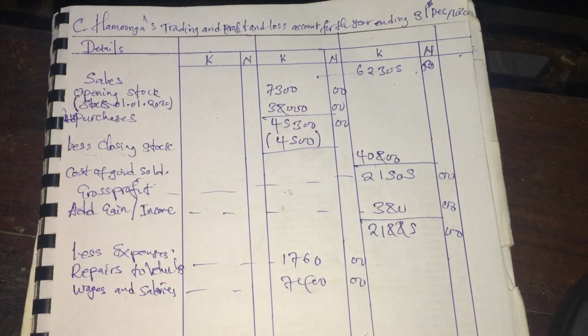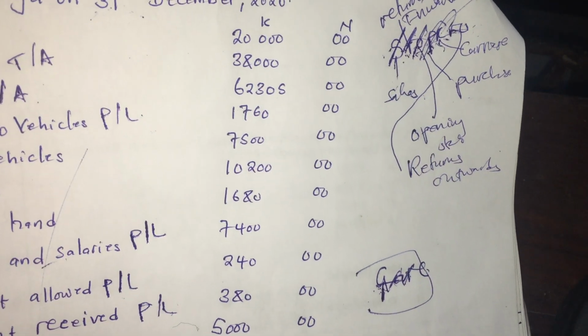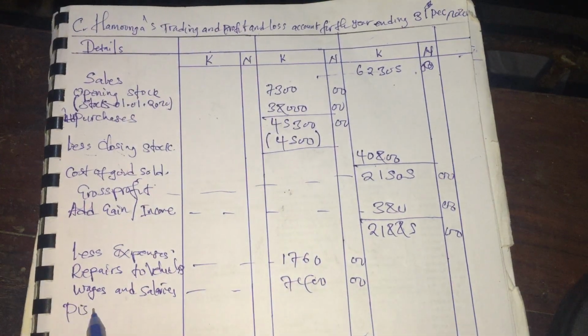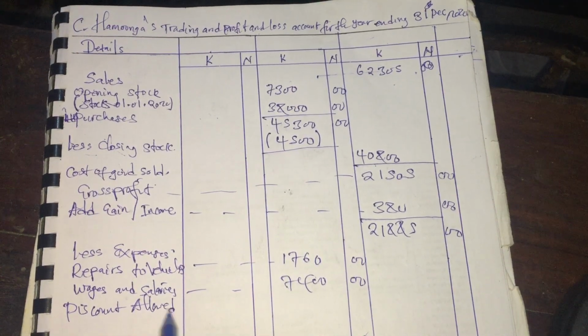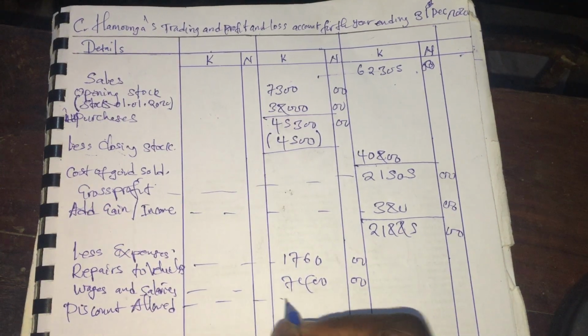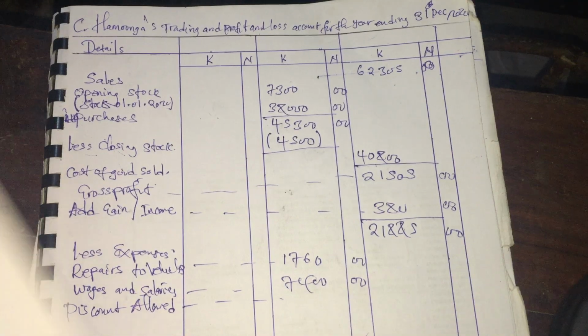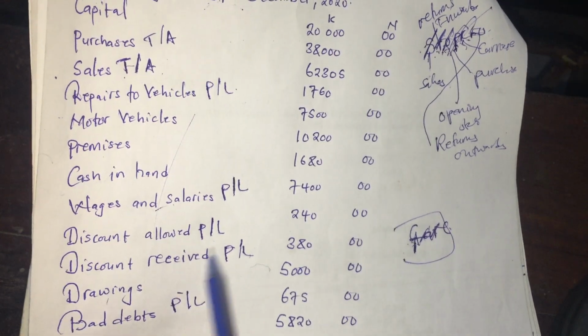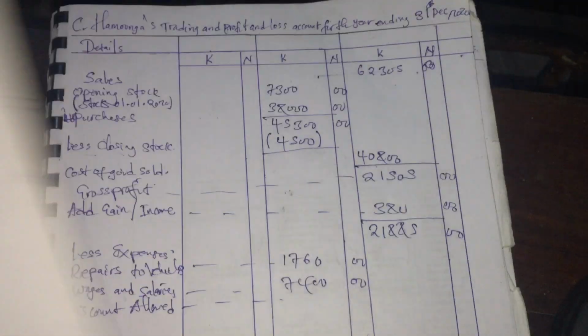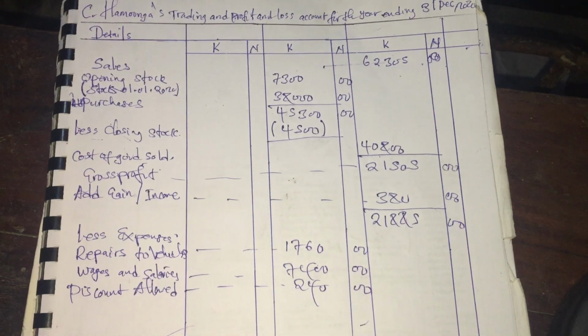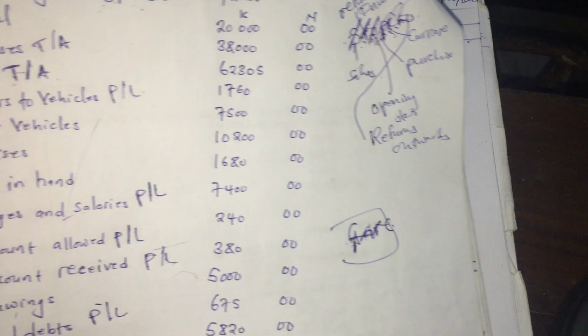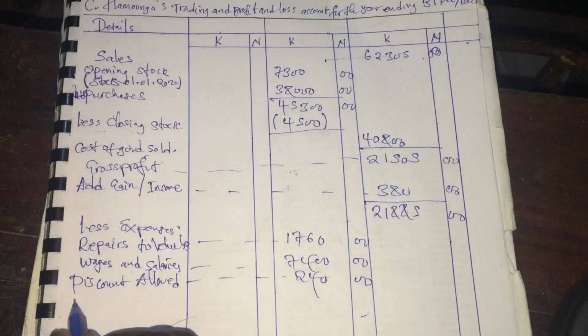The amount is 7400. And also we do have the discount allowed. How much discount? We do have 240. Then also we do have bad debts.